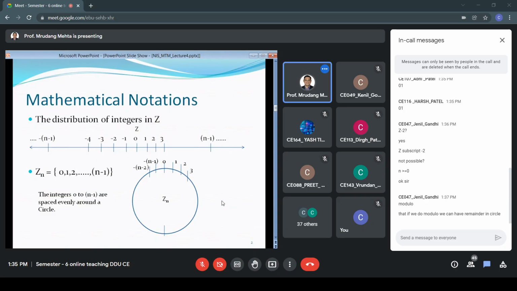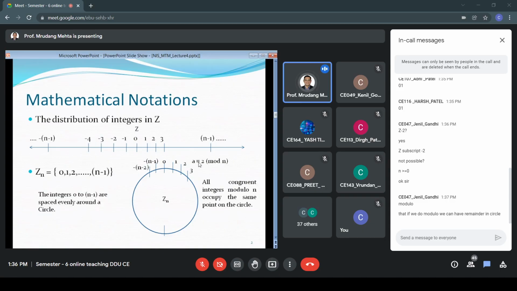Okay, right. So it is possible that we can have the same remainder for different numbers, and so it belongs to Zn. So we can write A congruent to B mod n.